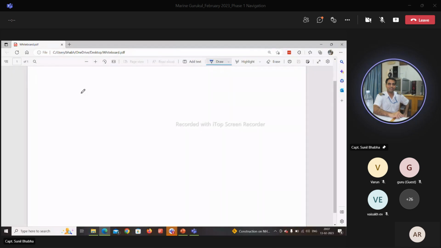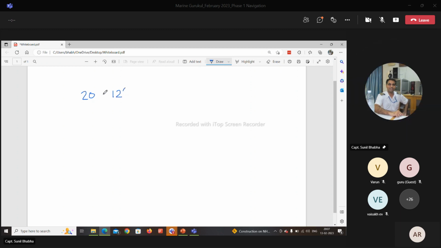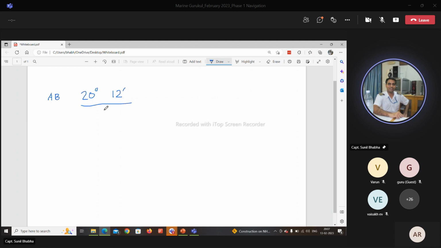Okay, beta. What I meant was, let us say you calculate this great circle distance using the calculator and you get the value as 20 degree and 12 minutes. Side AB from the calculator is obtained as 20 degree 12 minutes. Now you cannot write this 20 12 as your answer. The distance is represented in minutes only. So you convert the degrees into minutes. How do you convert it? You multiply the degrees with 60.